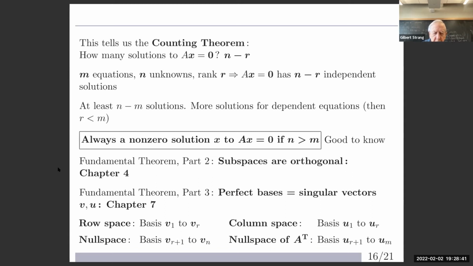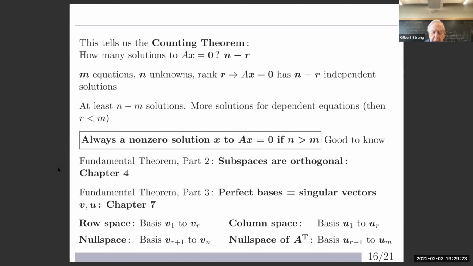This is the wonderful thing, that the four spaces have basis vectors that are perpendicular to each other. And the matrix A, acting on a singular vector in the row space, gives a singular vector in the column space. Let me try to give an example. This is the singular value decomposition, and it tells you so much about the matrix.